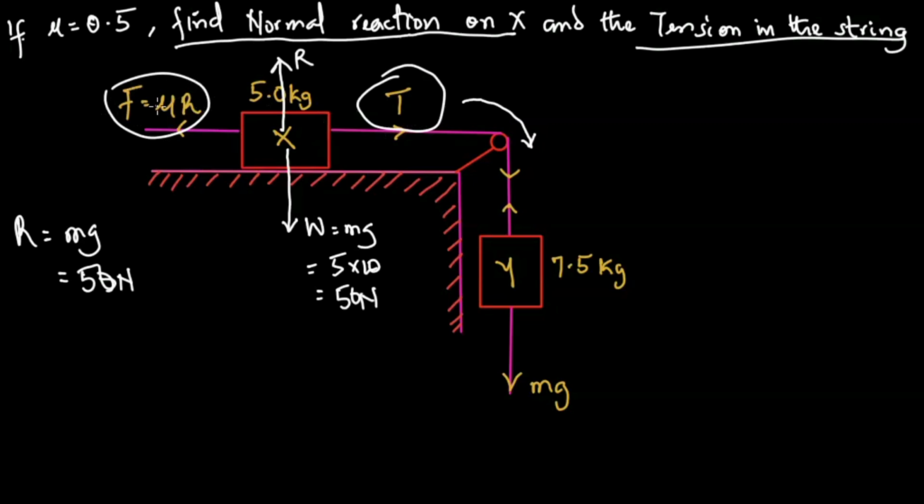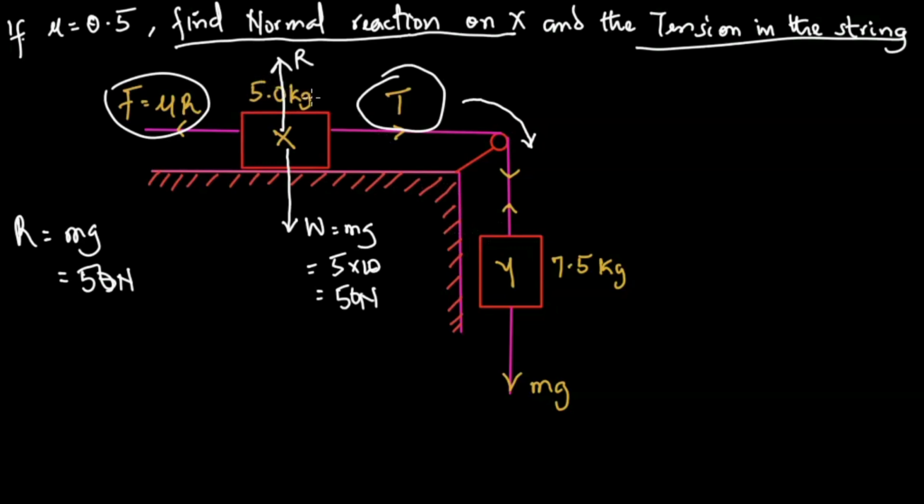That's why we have the frictional force here in this direction. The tension in the string will be greater than the frictional force, and that's why the object is able to move in this direction.